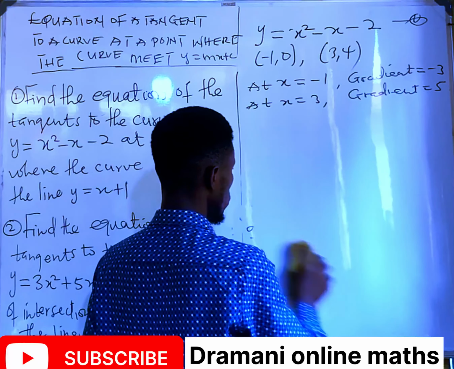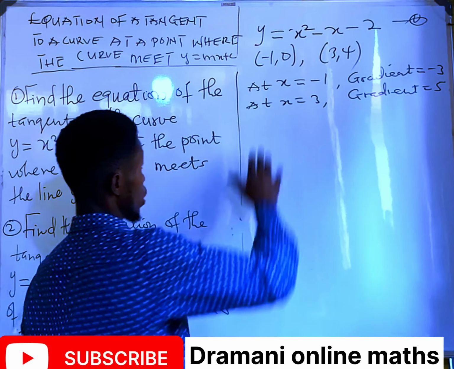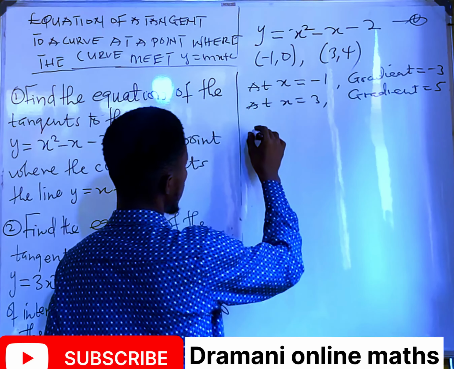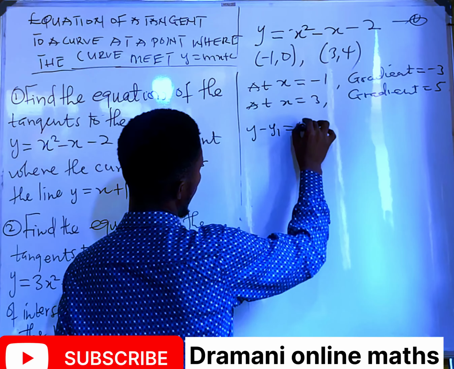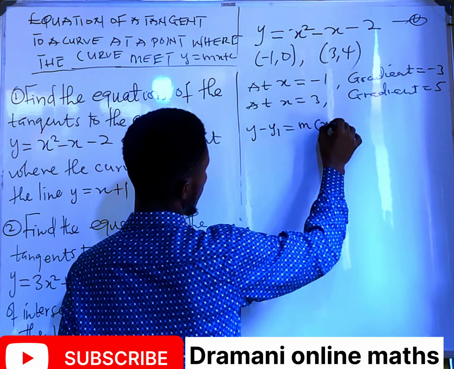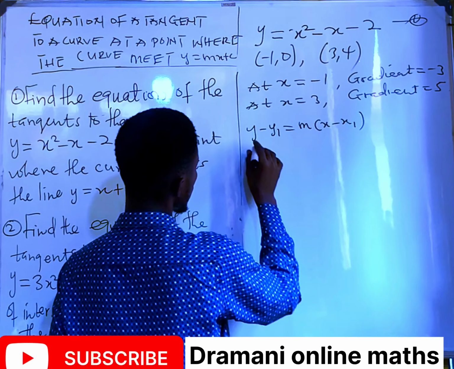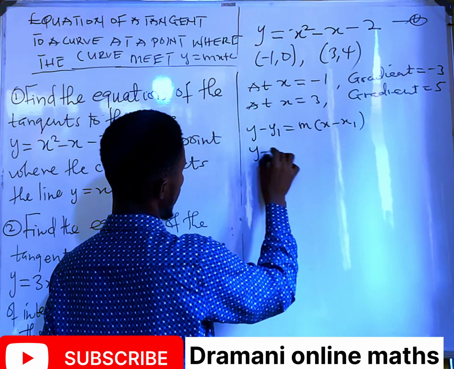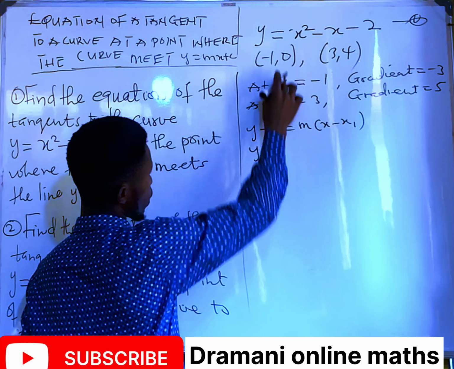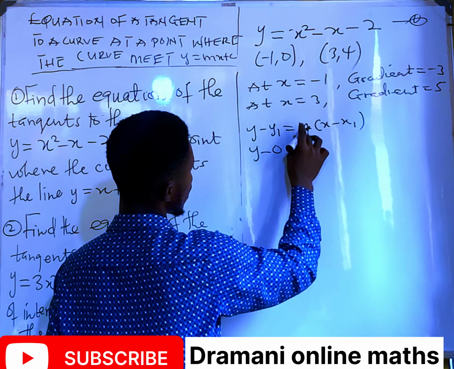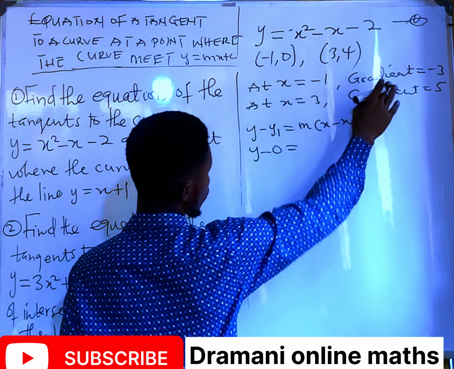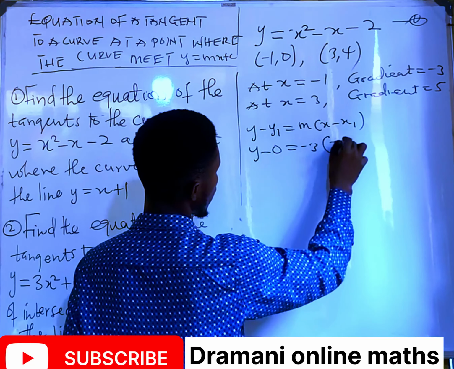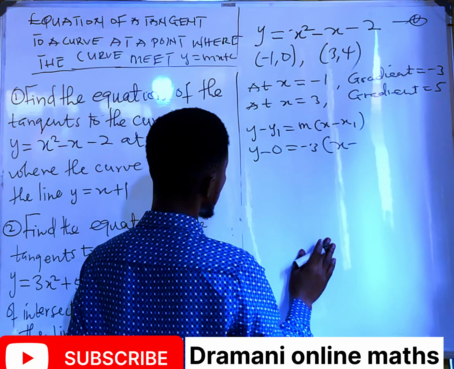So take notes. I'm going to start with the first point, which is y minus y1 equals m times x minus x1. Now y here is 0. So I'm going to have 0 equals, using the first point, negative 1, 0, the gradient negative 3, so negative 3 times x minus x1.